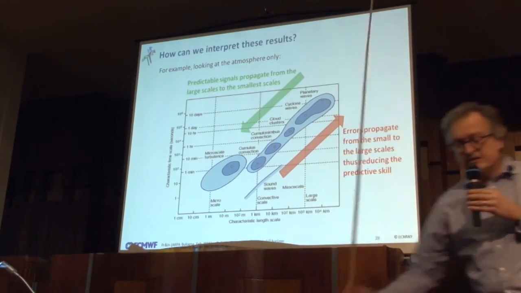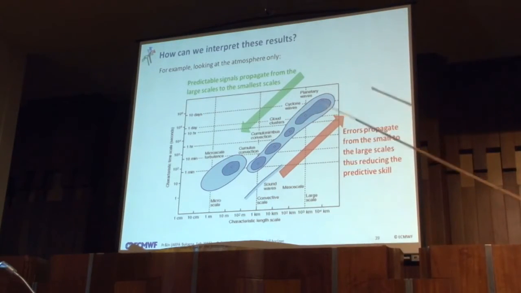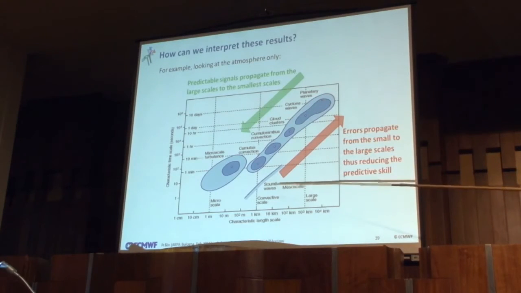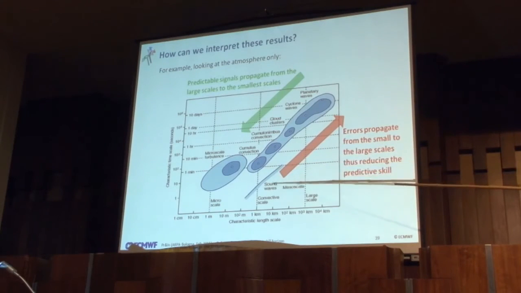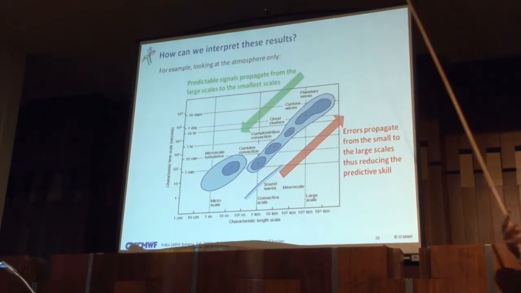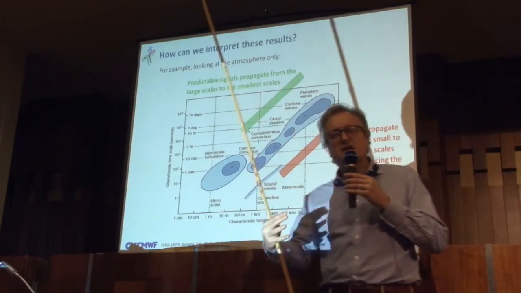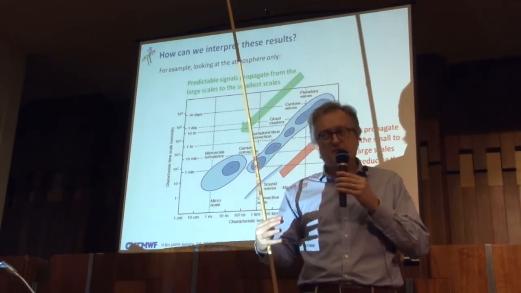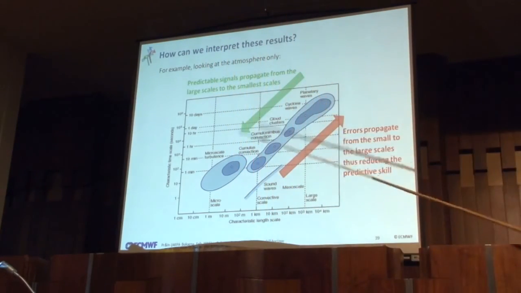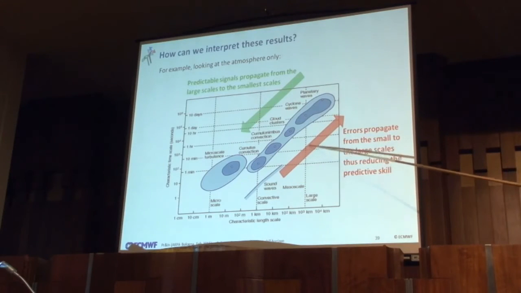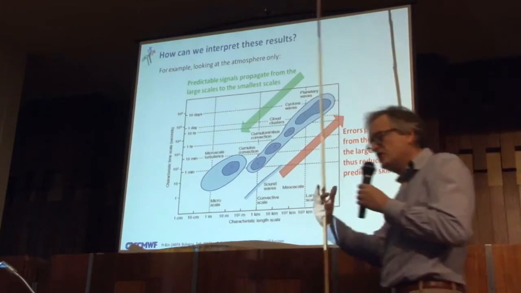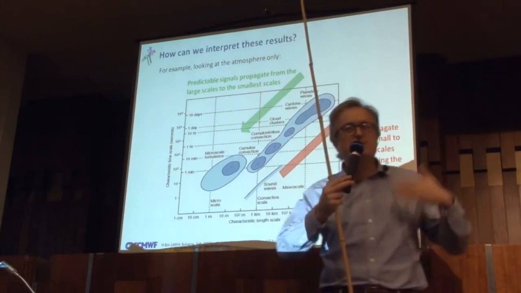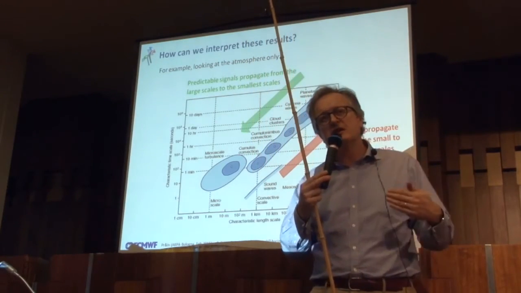And what happens, in this representation of what can happen in the atmosphere, is that yes, we have propagation of error growth from the small scales that we are not able to simulate, that we try to simulate with stochastic error schemes. So these are going to gradually make the larger scales less predictable. But at the same time, we are able to initialize the larger scales better than the small scales. Why is that?